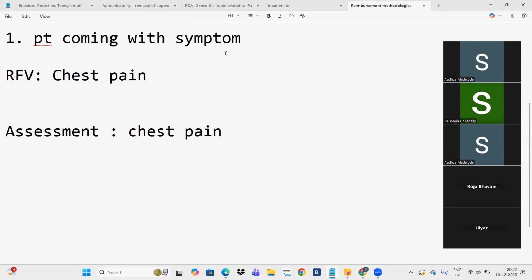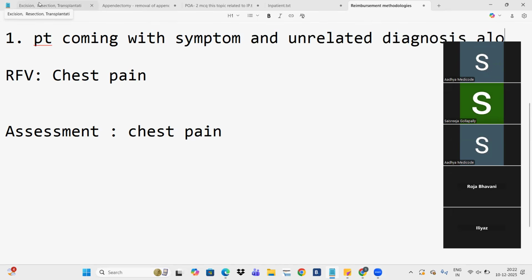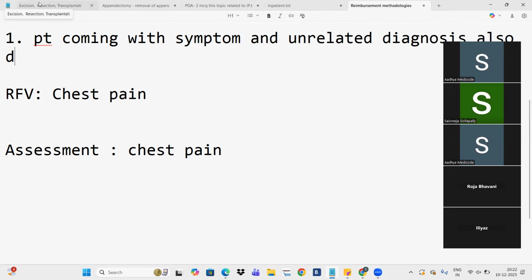Next concept: the patient comes with a symptom and an unrelated diagnosis is also documented. Suppose the reason for the visit is chest pain and DM is documented in the assessment. What is the PDX?